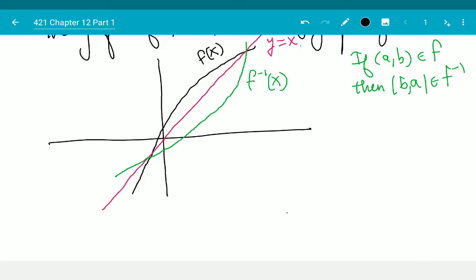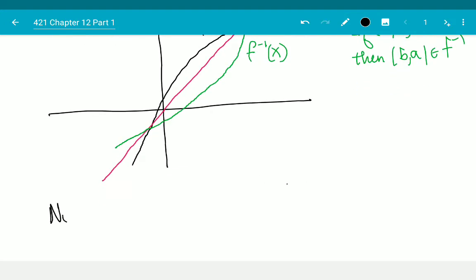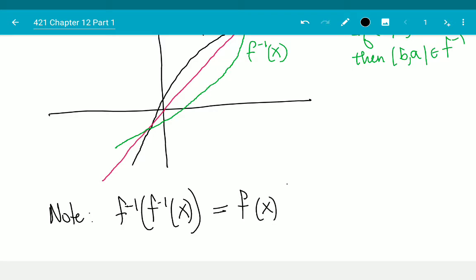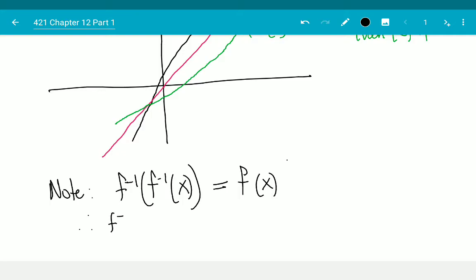And therefore, note, f inverse of f inverse of x, sorry, that's stated wrong.